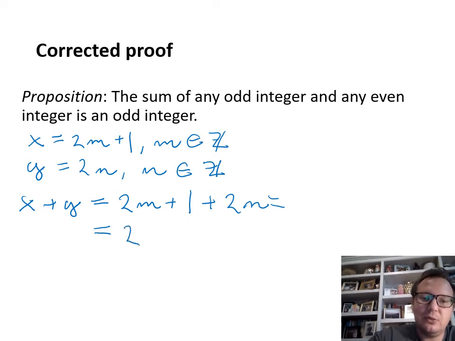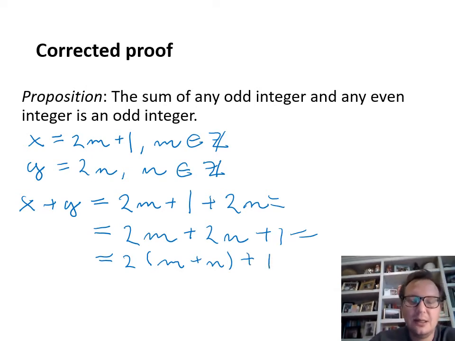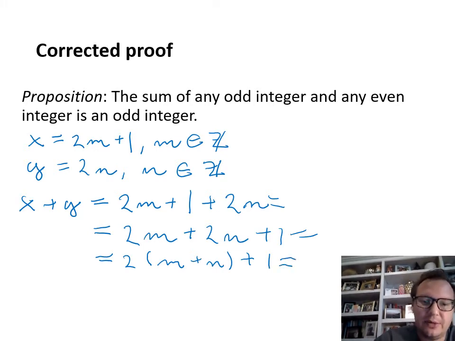So we have 2m plus 2n plus 1, which is equal to 2 times m plus n, plus 1. And now we do the trick of introducing a fresh integer that replaces m plus n by substitution. So we get 2 times s plus 1.